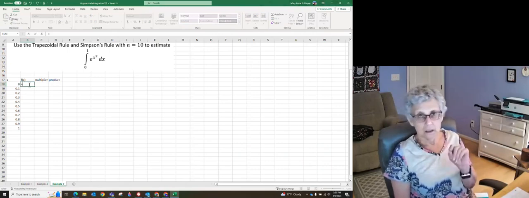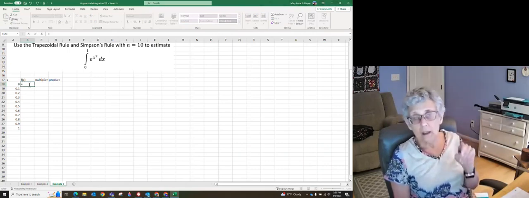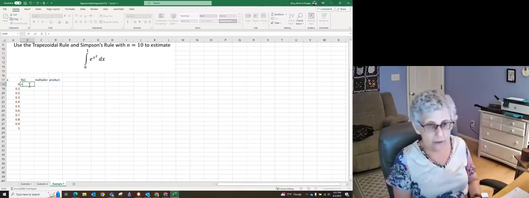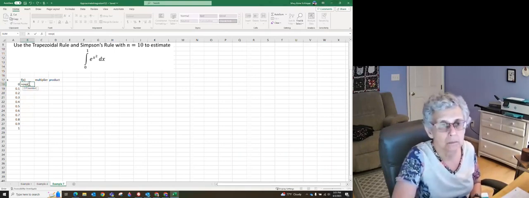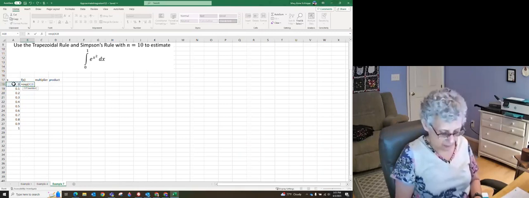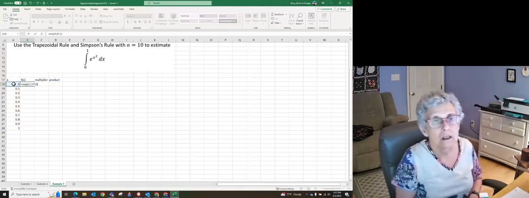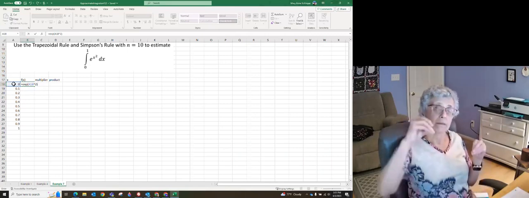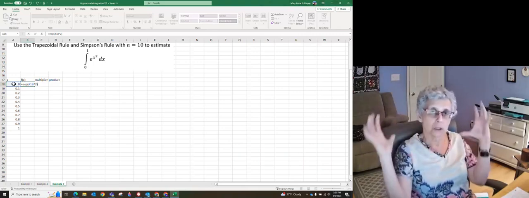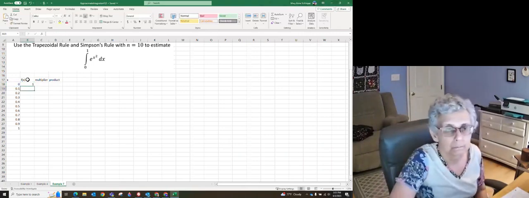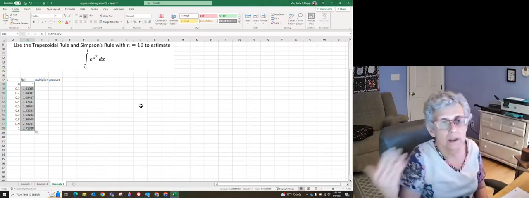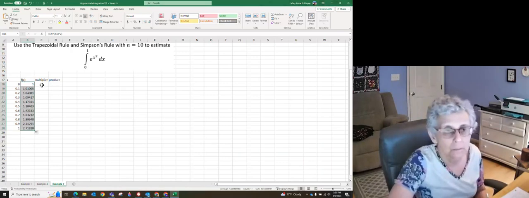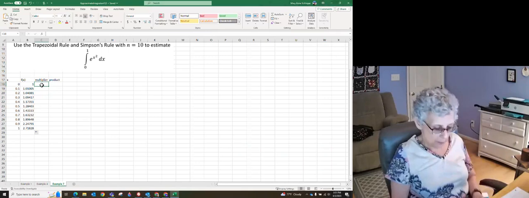Now, the Excel way of writing e to the x squared is exp, open up a set of parentheses, x, and then squared. So instead of e to the, you write exp parenthesis. And then either you get the solid plus sign and drag to the bottom, or you get the solid plus sign and double click. We'll start with trapezoid.